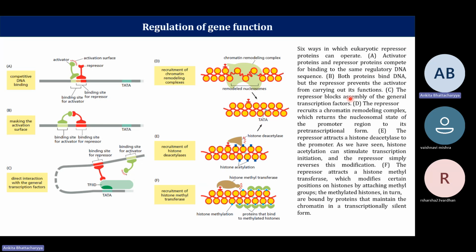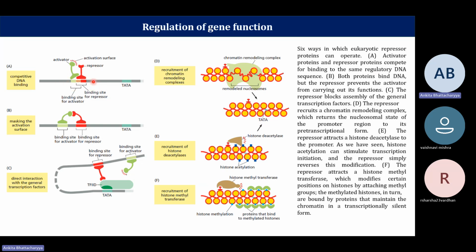First of all, there can be competition between two types of proteins for binding to the same sequence. For example, here you see that upstream of the TATA box present on the promoter sequence of a particular gene, you can find a region that acts as an enhancer or silencer site.